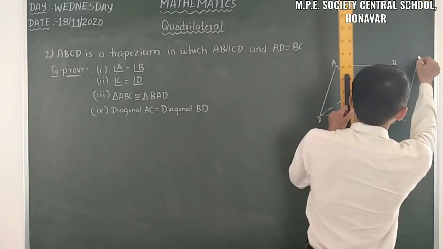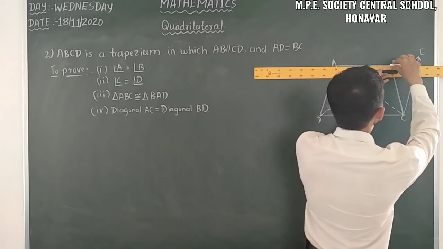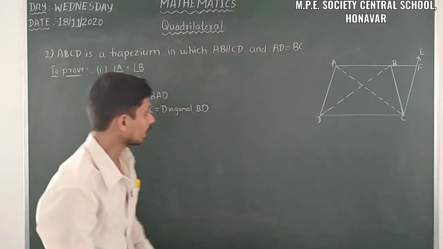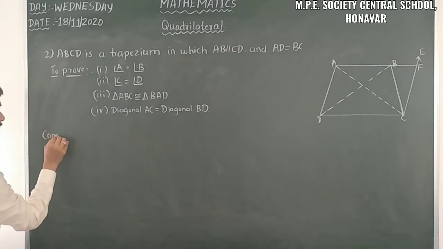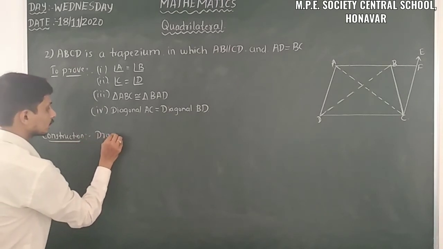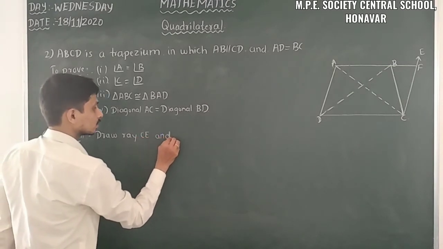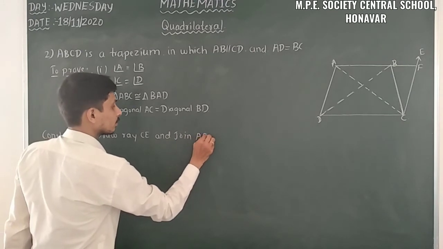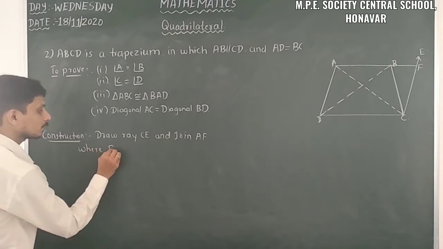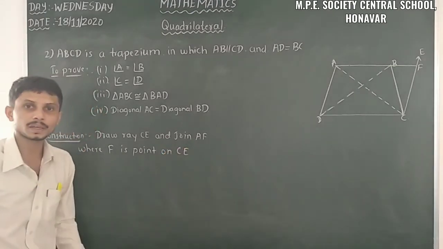I will take it as CE, and also we have to extend AB to meet it at F. So for that we have the construction: draw a ray CE and join AF, where F is a point on CE.